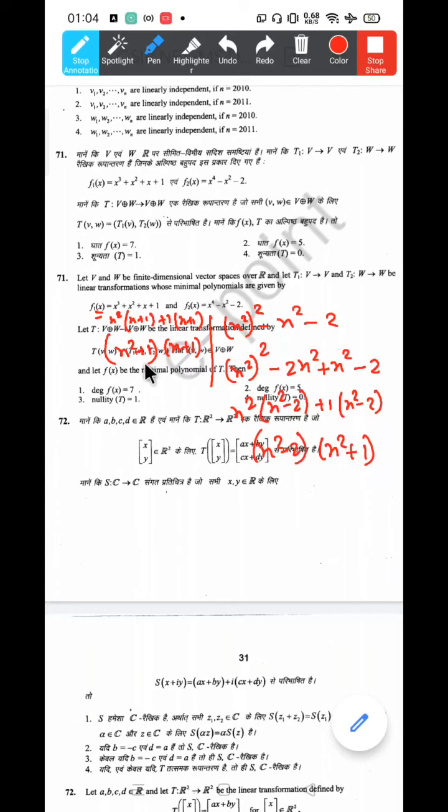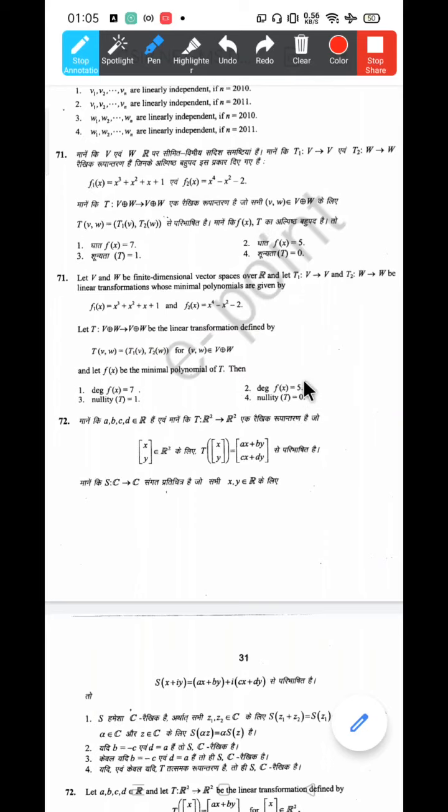So we will cancel one and take the product, that is your least common multiple. What is the degree? Degree of f of x is 5. Yes, option 2 is correct. Degree is 5. And what is nullity?